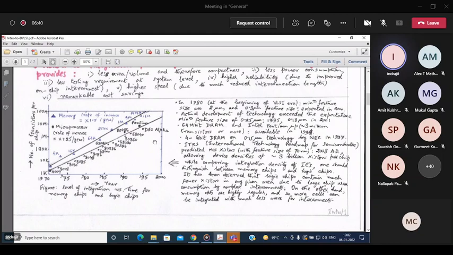That means with the passage of time, more and more functionalities had to be incorporated. Initially only binary processing was allowed.